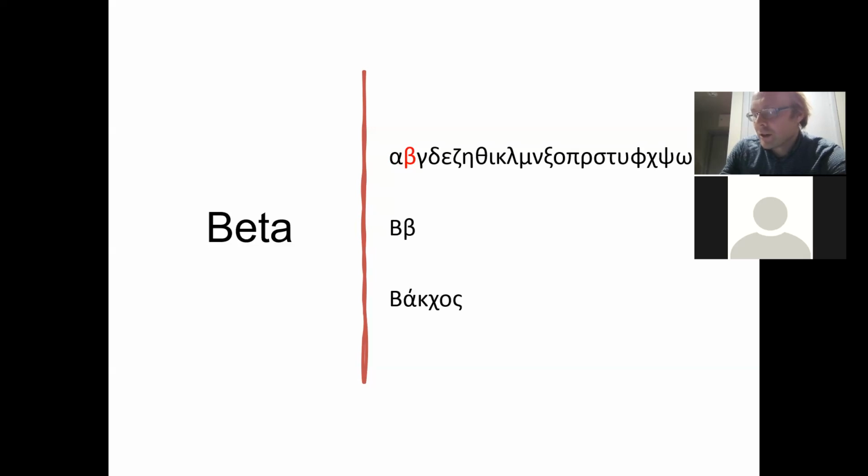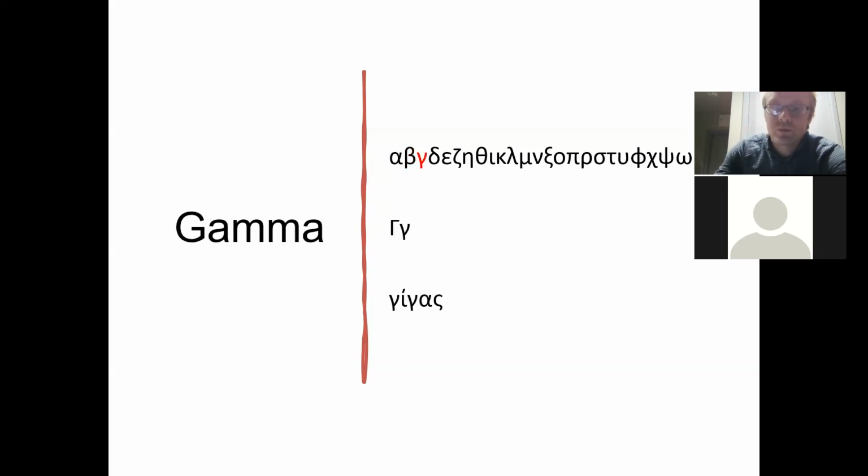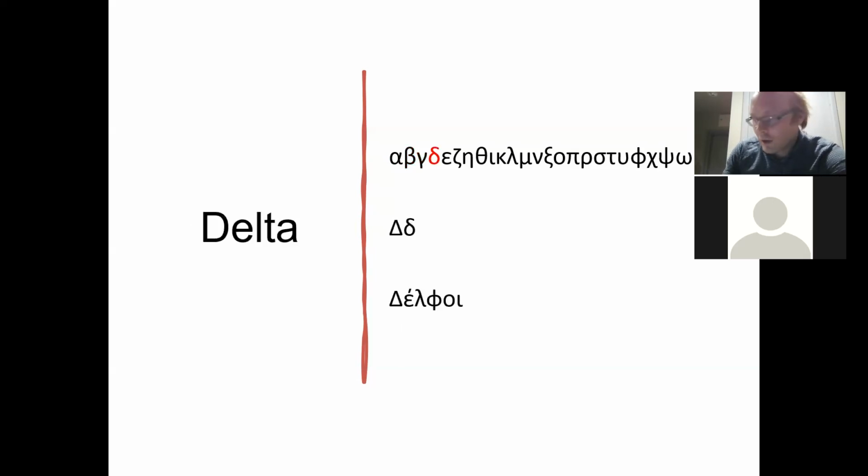Gamma is the first letter in the word gigas, which means giant. Delta then is the fourth letter in the alphabet, and it's pronounced like a D. Delta is the first letter in Delphoi, which is the Greek name for Delphi, where the god Apollo had his oracle.